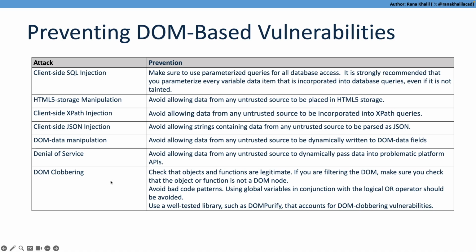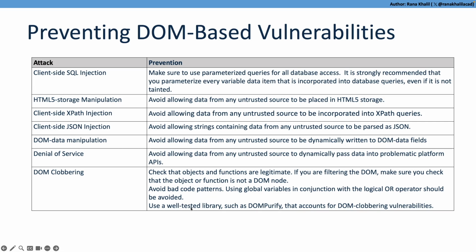For DOM clobbering, there are a few things that you could apply. Check the objects and functions that are in use, make sure that they're legitimate, and avoid bad code patterns. Using global variables in conjunction with the logical OR operator should be avoided. We saw an example of that which led to a DOM clobbering vulnerability.